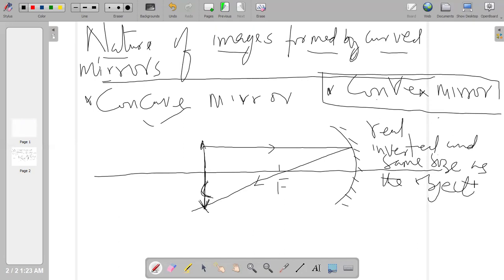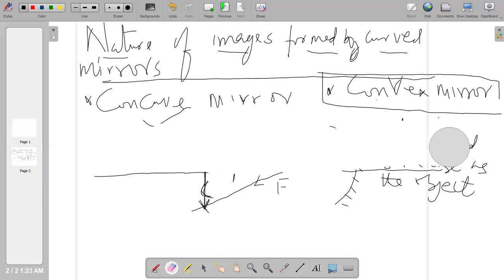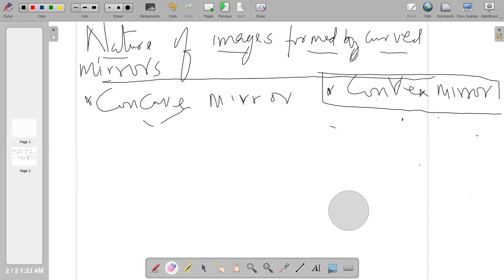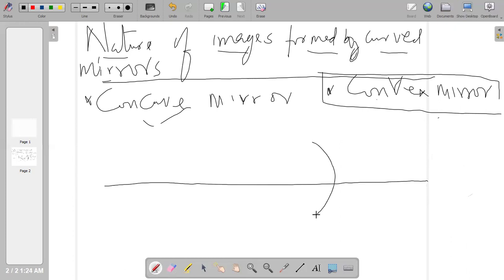Good. Now let's move the object to this point. Let me clean this. The object is moving closer and closer to the mirror. Here we have the pole, the principal focus, and the center of curvature, and the object is somewhere here.